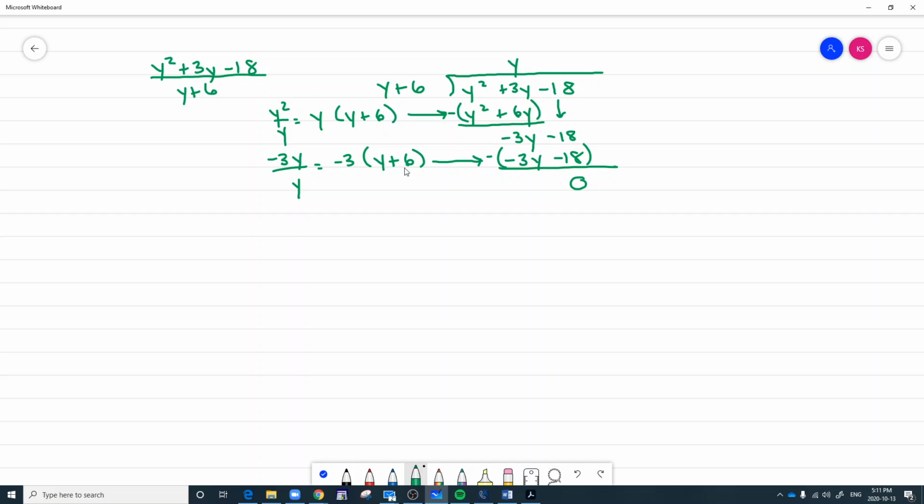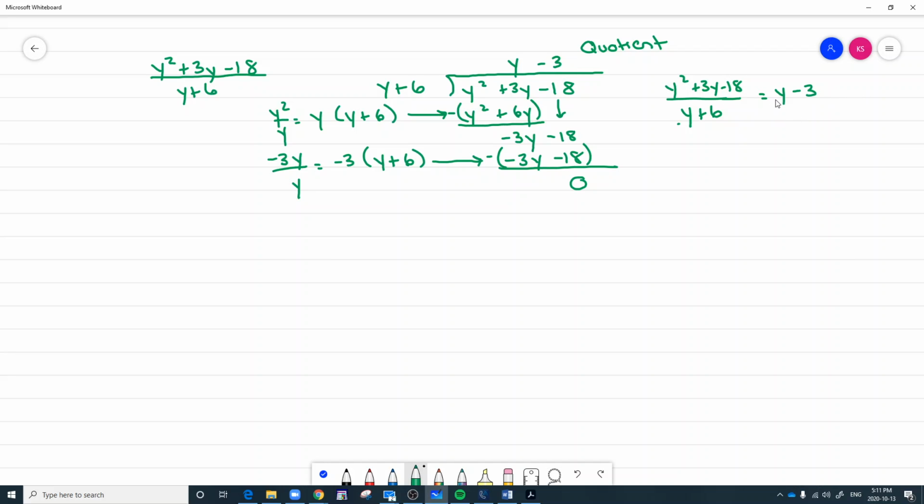So my quotient, oh, I almost forgot. I forgot to write the minus 3 up here because this is my quotient. This is my answer. When I divided y squared plus 3y minus 18 by y plus 6, I got y minus 3 and no remainder.